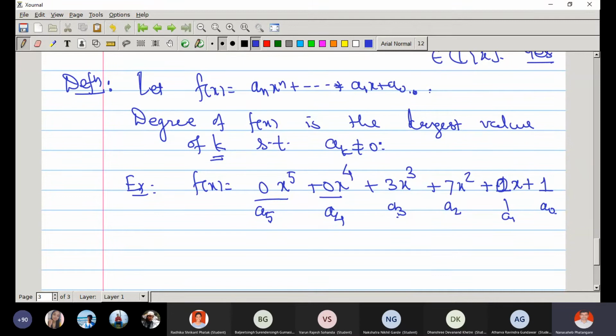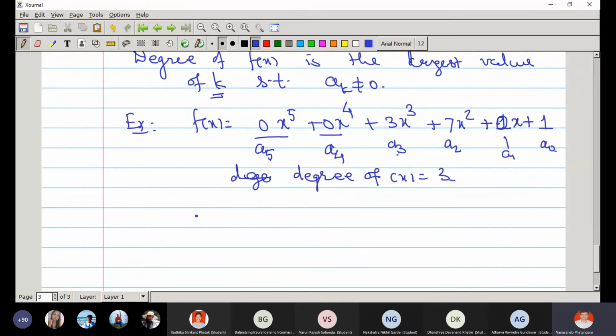So the largest value of k such that a_k is non-zero is the degree. So the degree of f(x) in this case is 3, not 4 or 5, right?